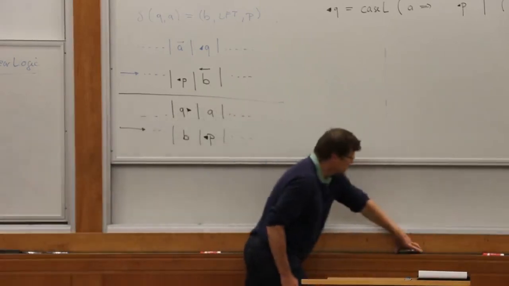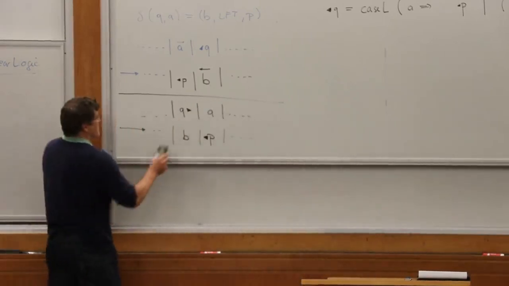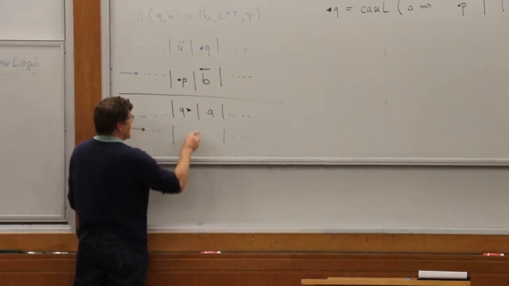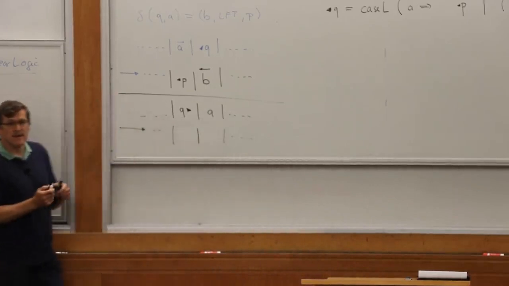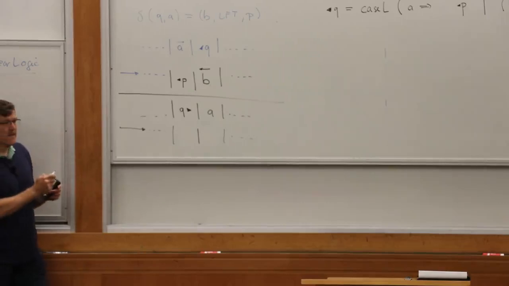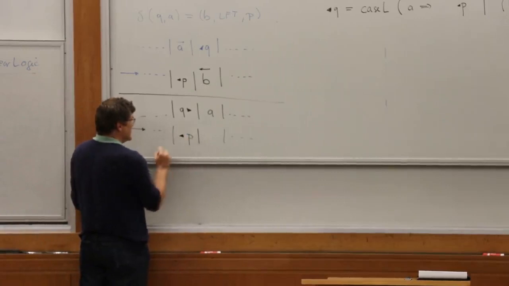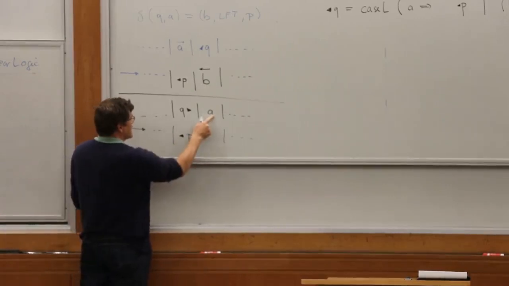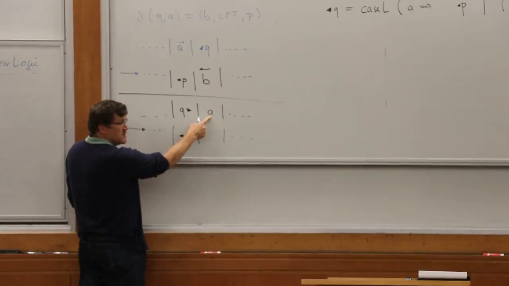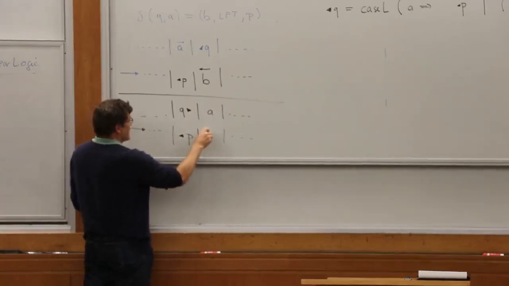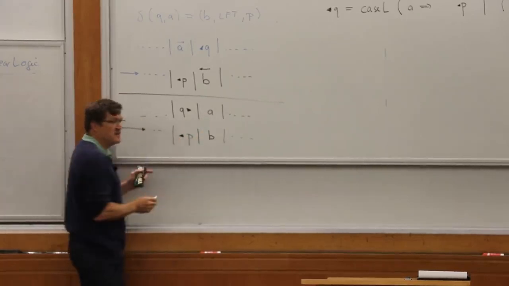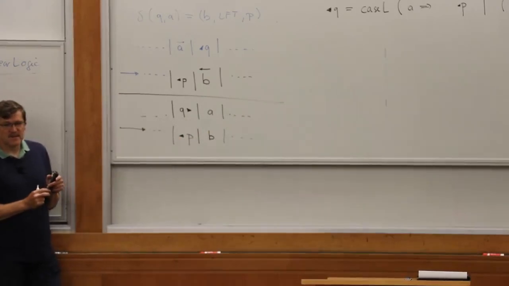So how do we fix that? Yeah? B looking to the left. The A and then P looking to the left. Oh, well, A is gone. We're writing B. So this A is consumed. So we have P looking to the left and then B. Does that make sense?